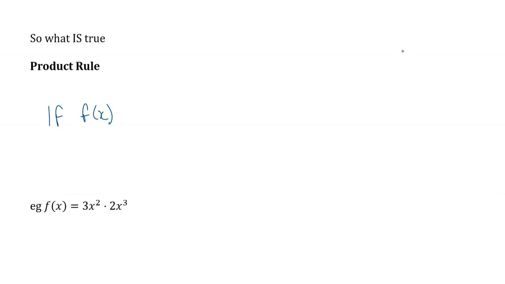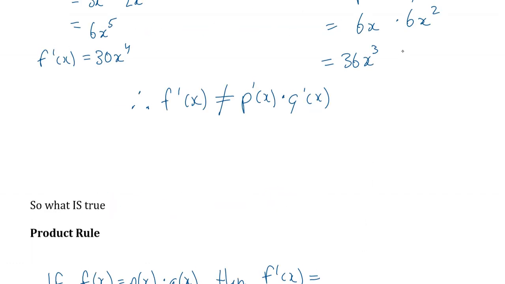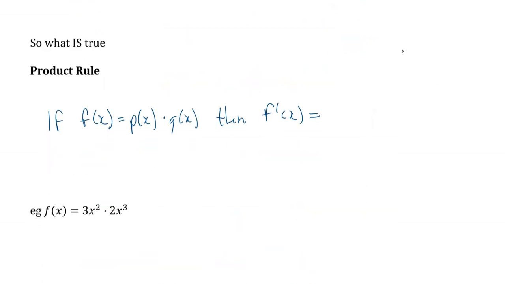You want to write this part down. p prime x times q, the actual function, plus q prime x times p.